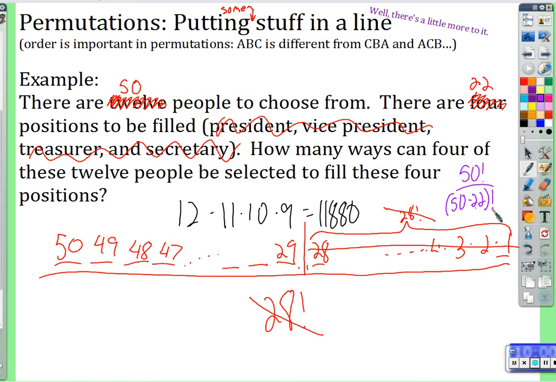We don't care about the rest after you pick the first 22 positions, so you don't want to count all of those. So what we did here is we used the permutations formula. This would be 50 P 22. That's 50 factorial over (50 minus 22) factorial.